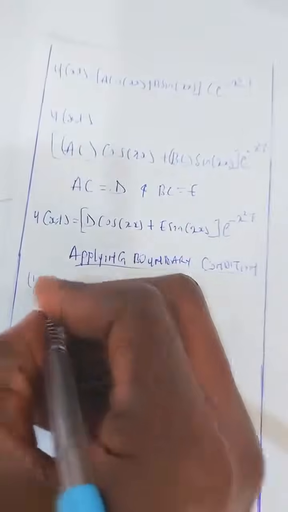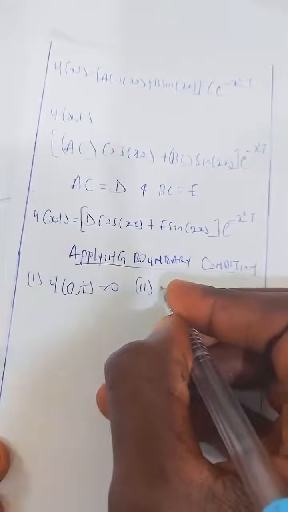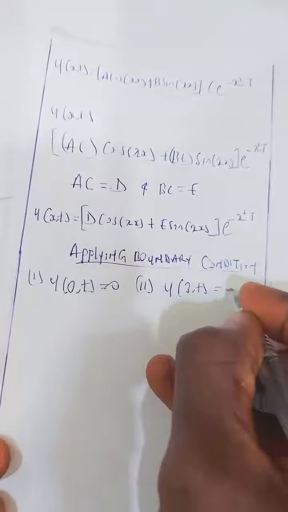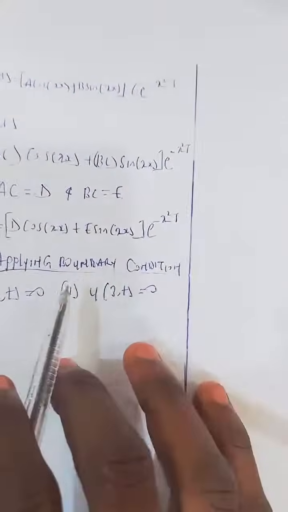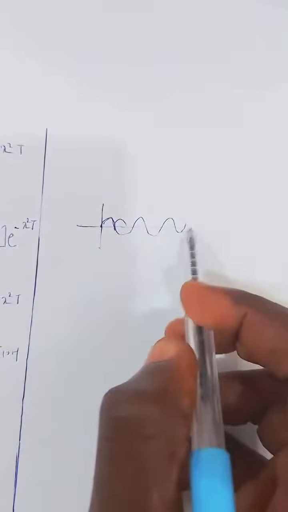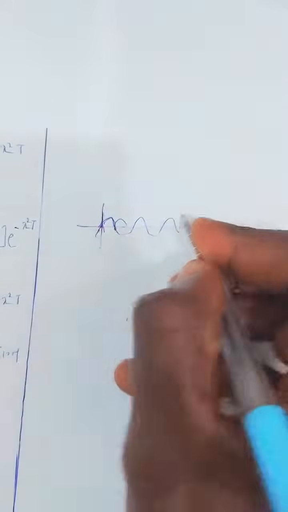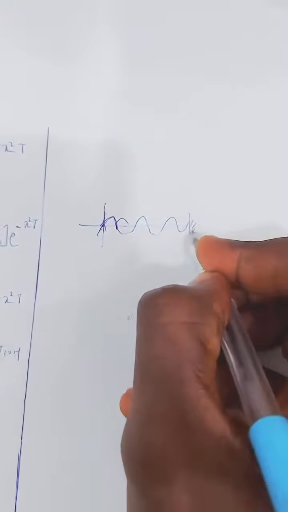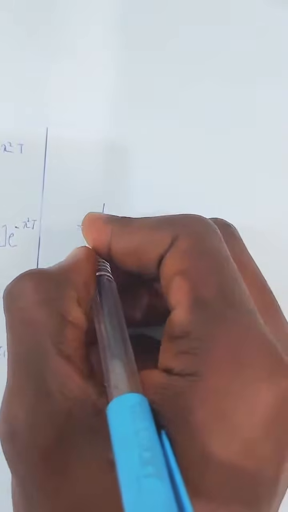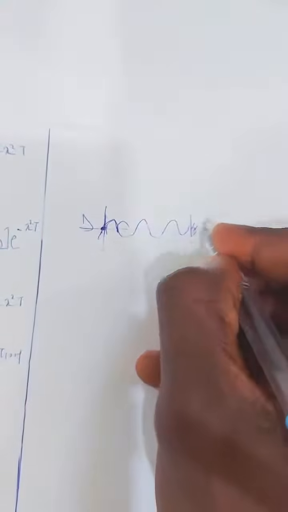The second boundary condition is given as u(3, t) is equal to 0. The interpretation of this boundary condition is, let's say you have a vibrating material, this end is fixed and this end is also fixed. Say this is D and this is E.